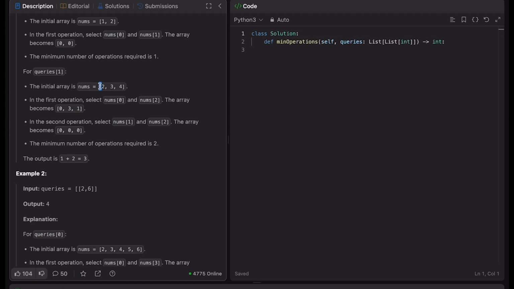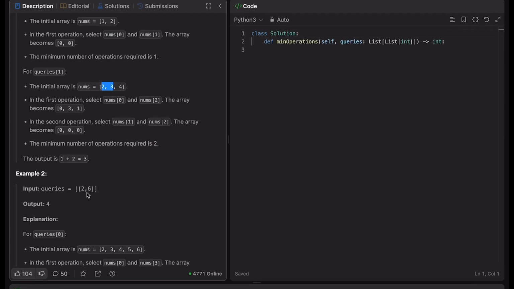So if you had taken this 2 first, then the minimum operations would have gone to 3, right? So we have to choose optimally so that we reduce the number of operations. That's why as per this our minimum operation is 2. If we would have taken this 2 first, then our minimum operation would go to 3. Got it?